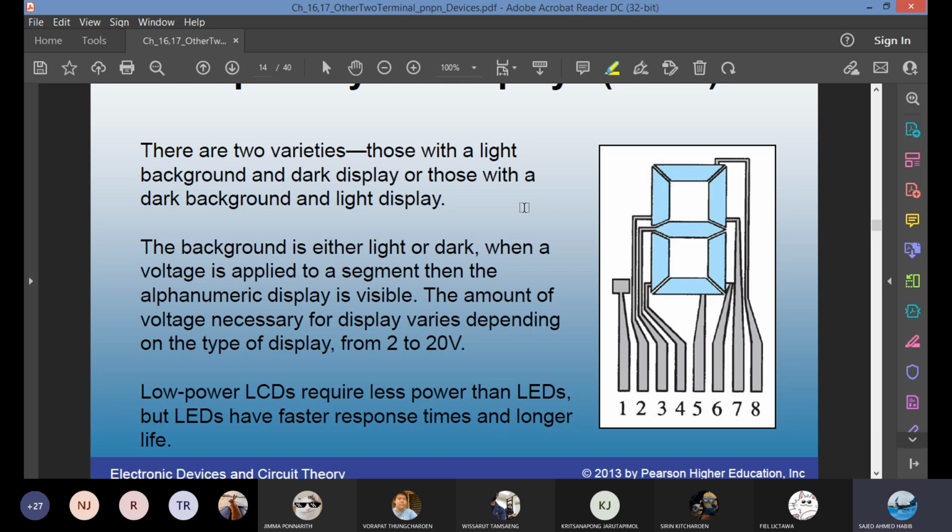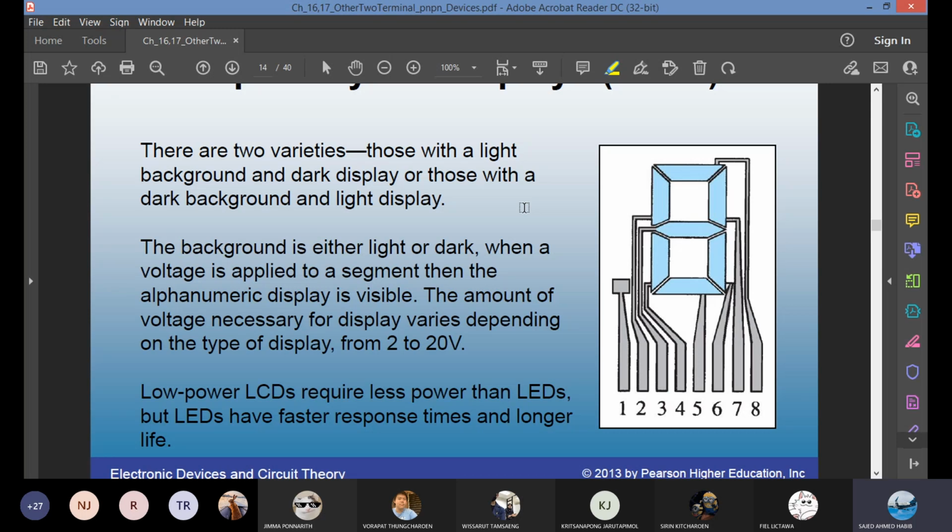Some additional info we need to know. For an LCD, you need a light source to work, either as an external source or internal source. There has to be a light source for LCD. Lifetime of LCD, especially in the past, was a very big area of concern because they did not last long.